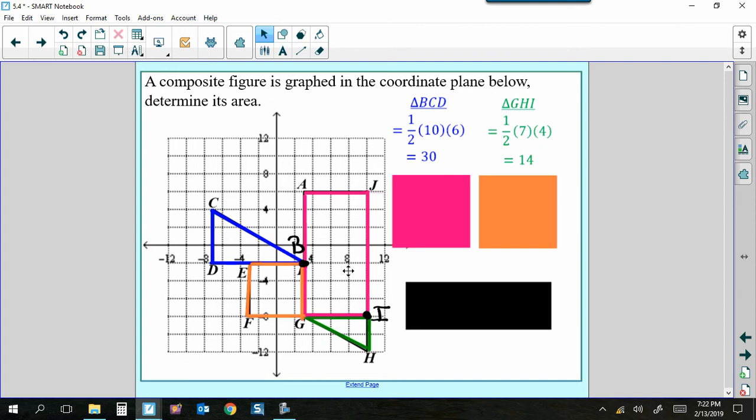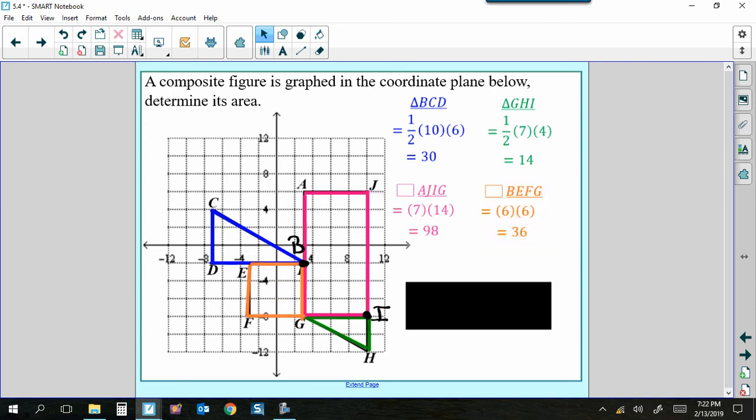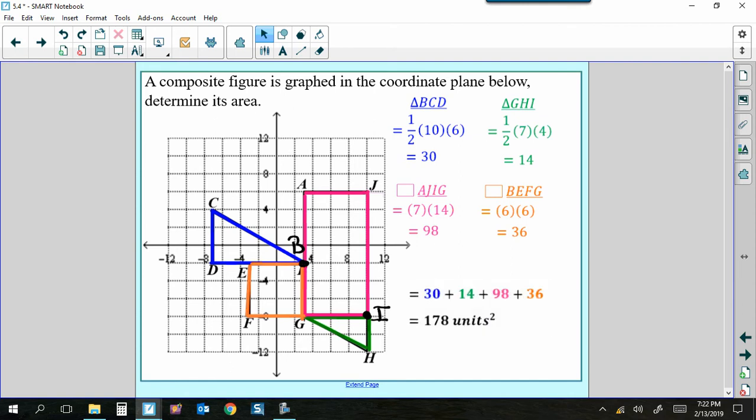Our 2 rectangles, if you chose to do the same 2 as me, we have rectangle AJIG, which is going to be a base of 7 and a height of 14, giving me an area of 98. And then lastly, my square right here, BEFG, has a base of 6 and a height of 6, so we have an area of 36. Add those all up, you should have gotten an area of 178 units squared.